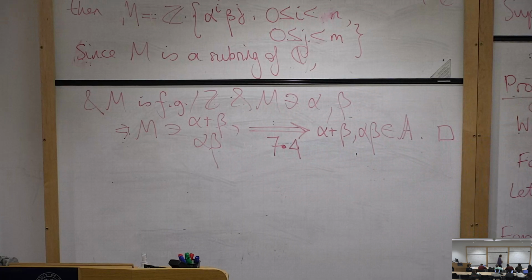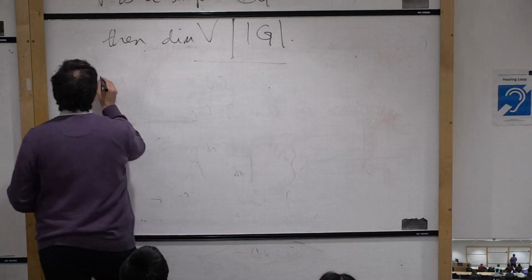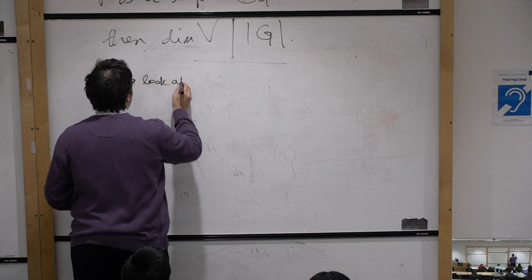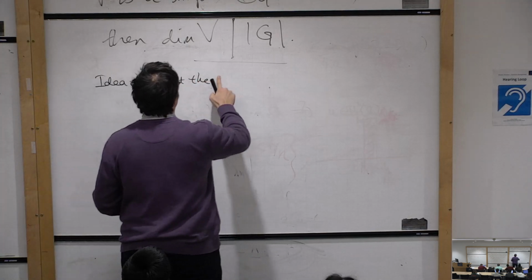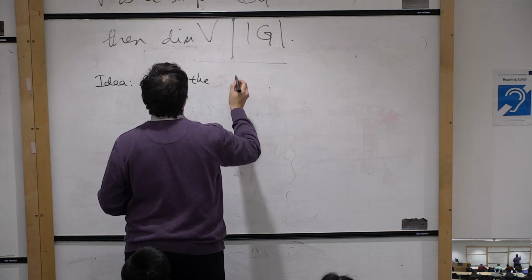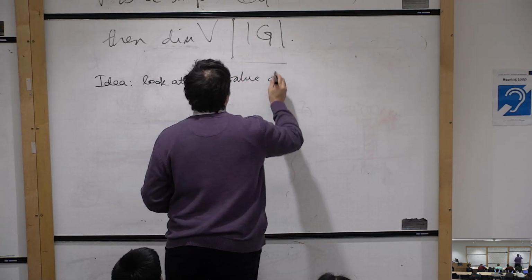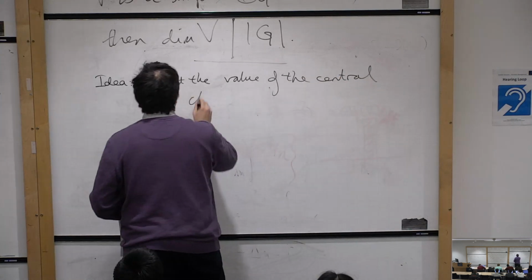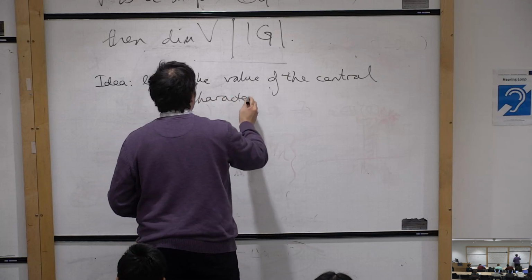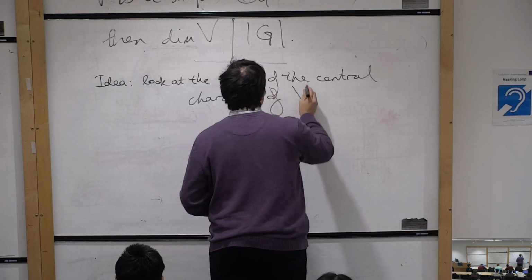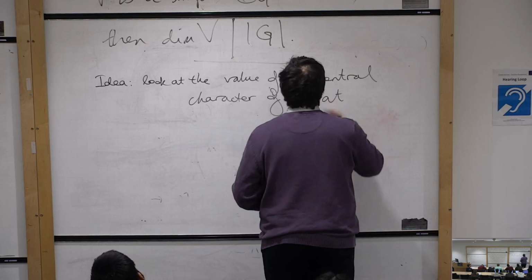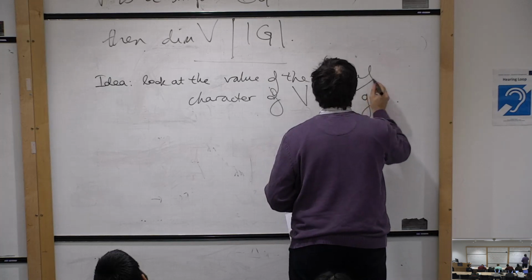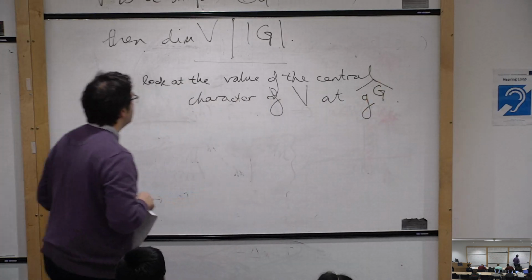Okay, so the idea of this proof is to look at the value of the central character of V at the conjugacy class sum of some element.